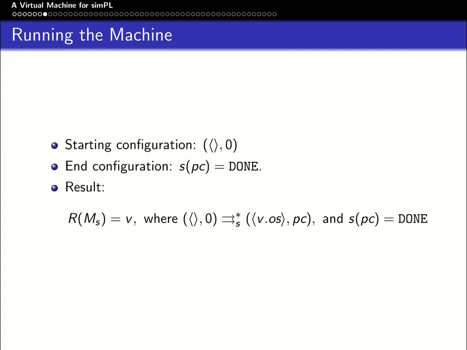So empty angle brackets means the stack is empty, and 0 means the program counter is at the beginning of the program. We're assuming that every program is an array of instructions indexed at 0, so the first instruction is at index 0. And the end configuration is attained whenever the current instruction is done.